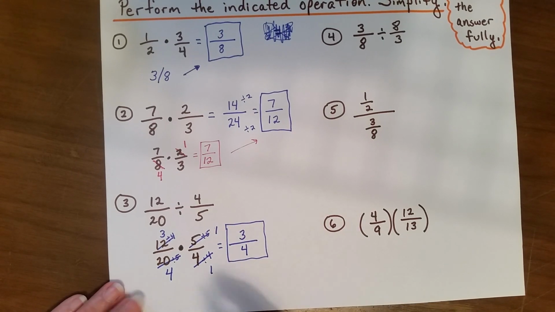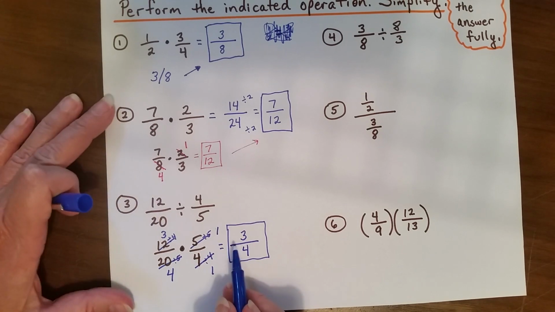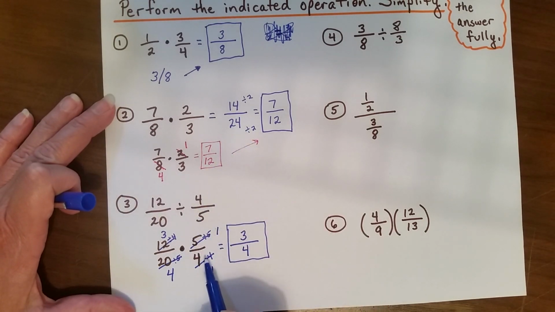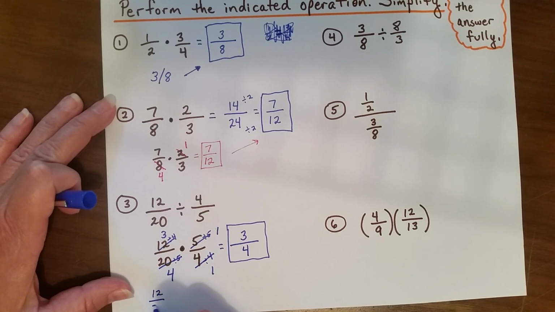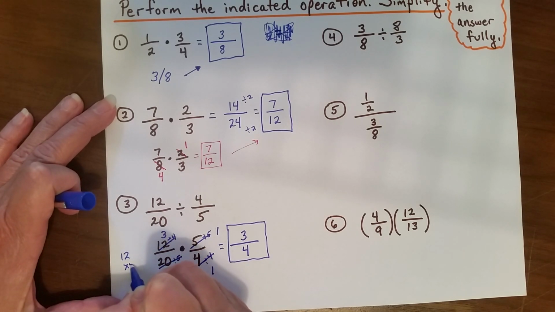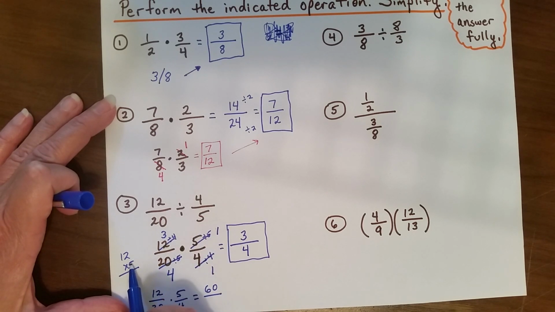Okay, now again, we could have gotten that by multiplying first and then reducing. So if you did that, you would have 12 over 20 times 5 over 4. 12 times 5 is 60. Always be sure and multiply it out if you need to. 5 times 2 is 10, carry the 1. 5 times 1 is 5, plus 1 is 6. So 12 times 5 is 60.